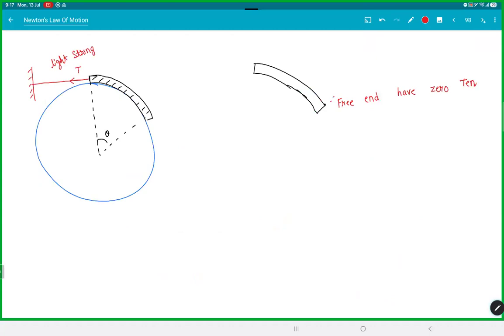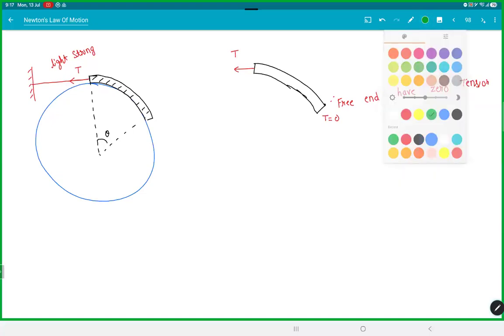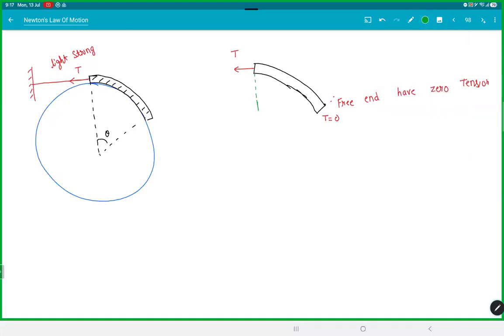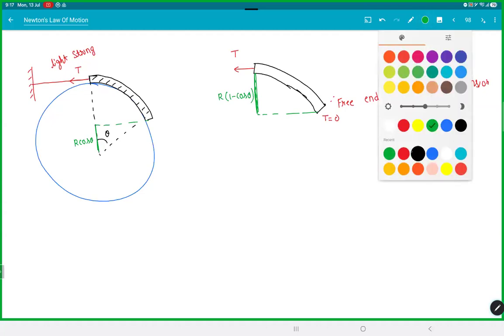Then, so free ends have zero tension. Because there's nothing to pull there, at this point tension is zero. Then the only part left is this tension. So you just wanted the height between them. How much is this from geometry? This will be r cos theta. So this height will be r into 1 minus cos theta. There, apply the formula.